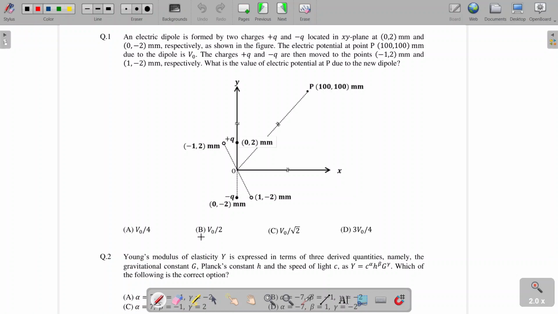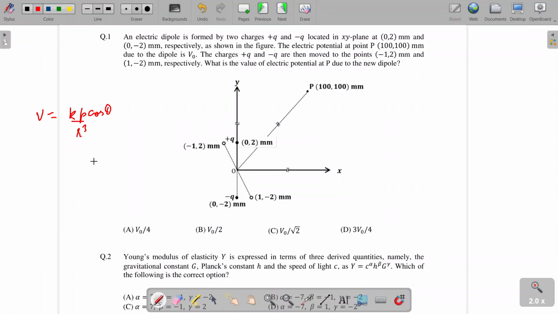So you can see from the size of the dipole that the dipole is very small in comparison to the distance. So we can use the formula which is available to us, that is Kp cos theta upon r cube.